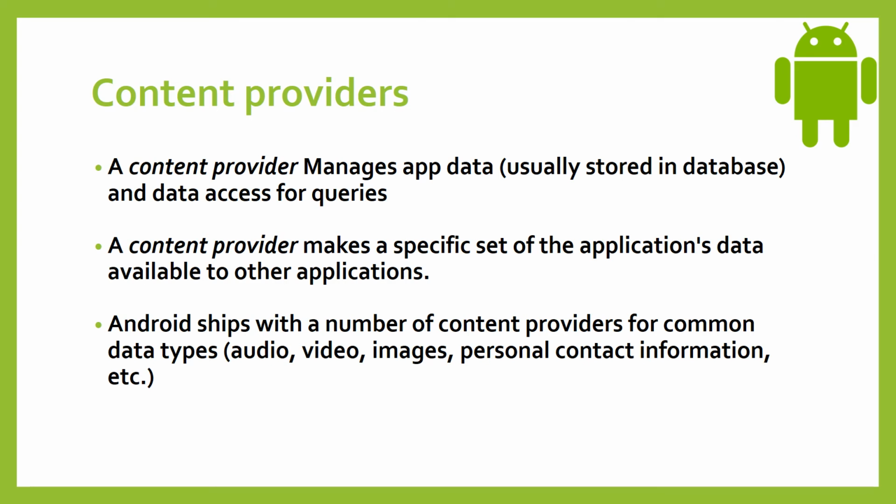Hence, Android comes with a number of content providers for different types of data. You have an audio content provider for providing audio to the different applications. Similarly, video, images, contacts, etc. For different types of data, we have different content providers.